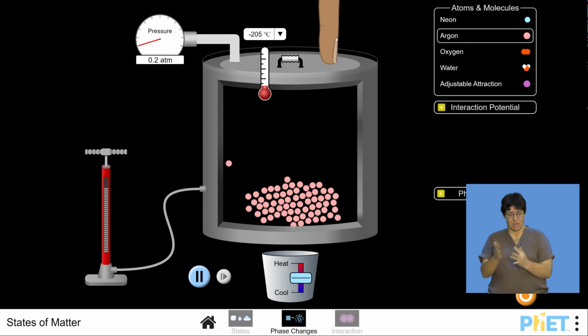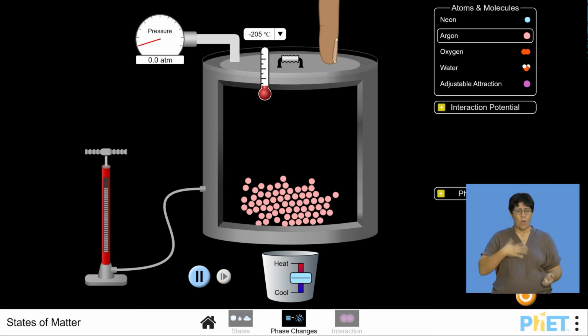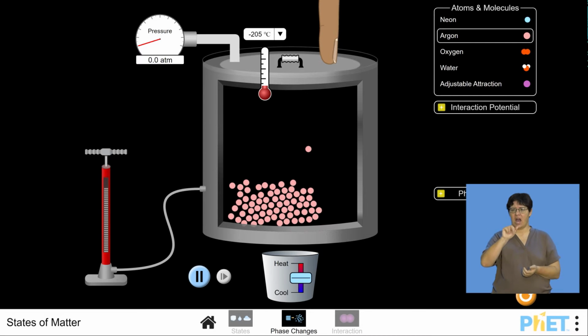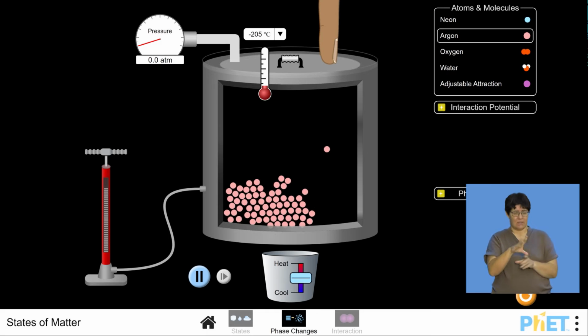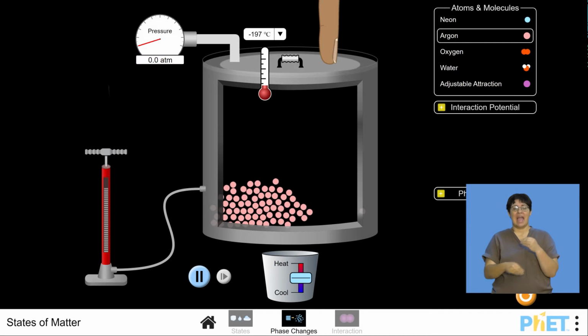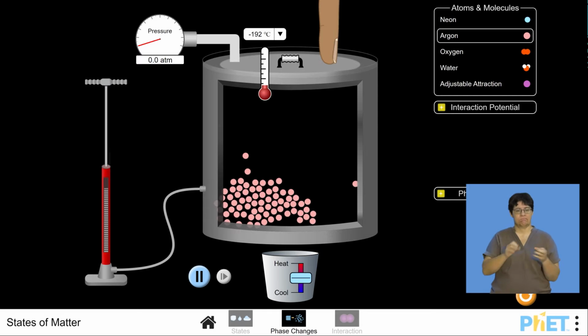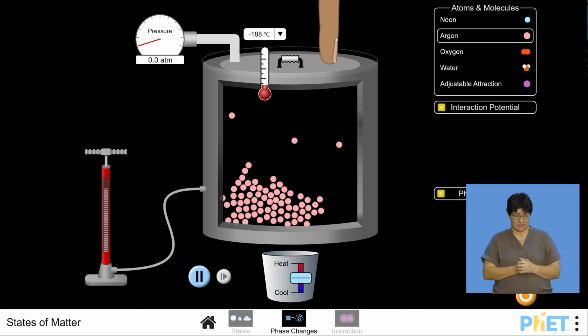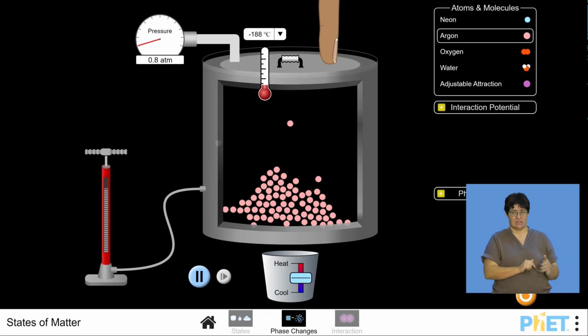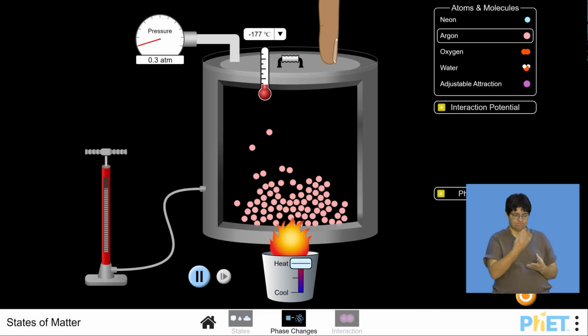In this case, we've chosen argon, for example, though it could be any substance, which consists of those particles that make up that matter. We can choose to even add more particles into that container, right? But in this case, it exists as a solid. Okay. Now, what happens if we provide more energy to these particles?